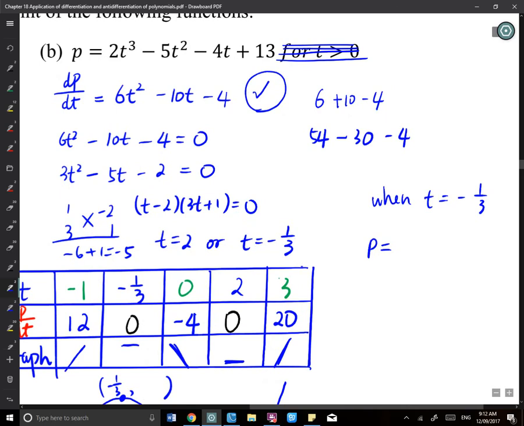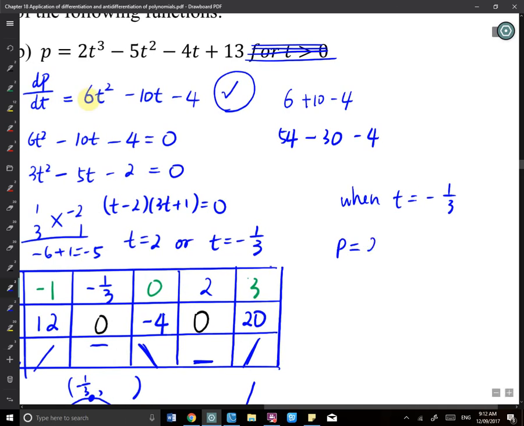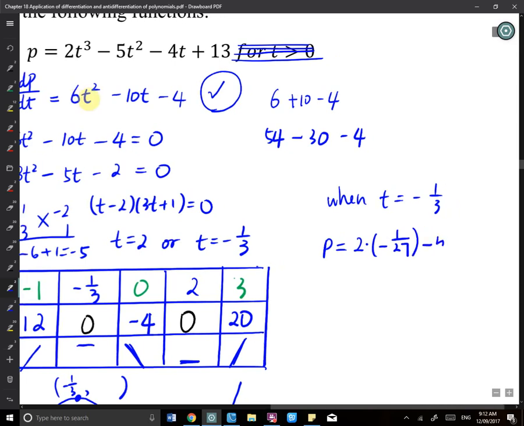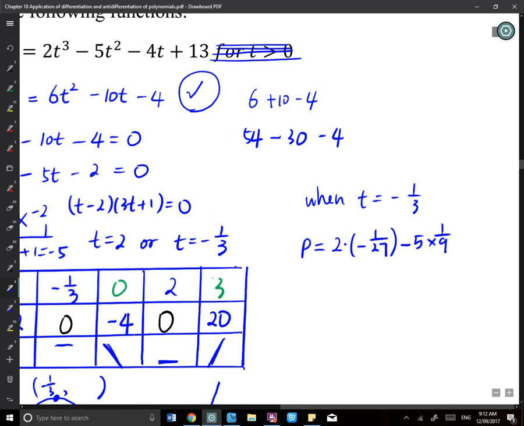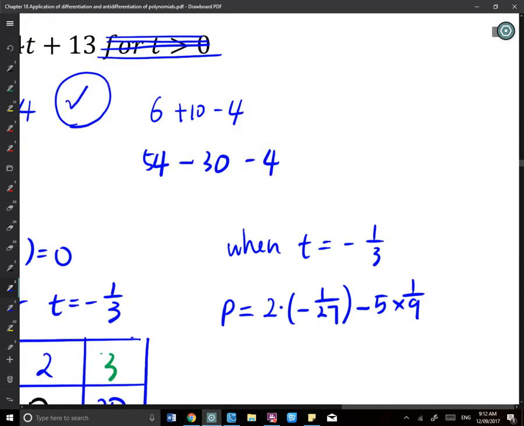Okay, very tough value. 2 times negative 1 over 27, minus 5 times 1 over 9, plus 4 over 3 and plus 13.